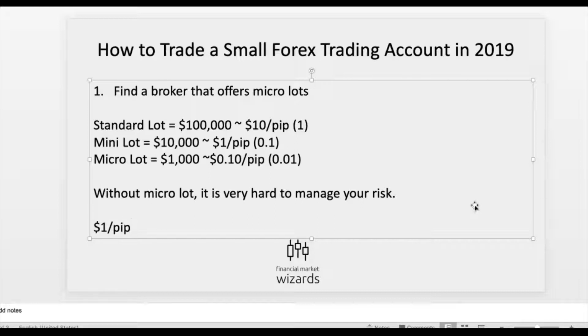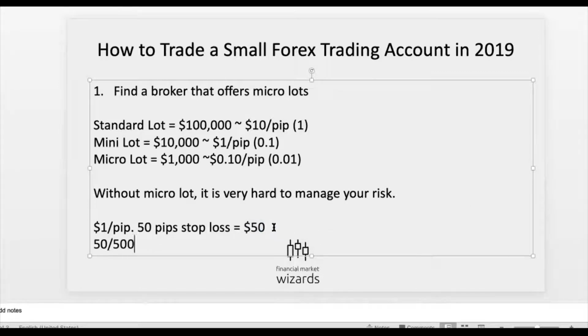If you take a normal trade with a 50 pip stop loss, a 50 pip stop loss equals $50 in losses. That means you just need to take 10 trades and then your whole account is blown. And if you are risking $50 per trade, 50 divided by 500 equals a 10% risk per trade.